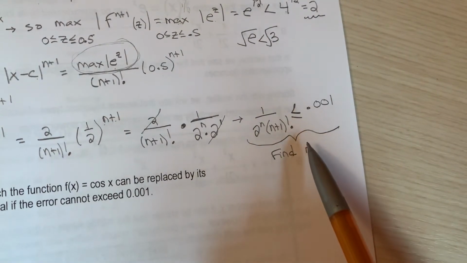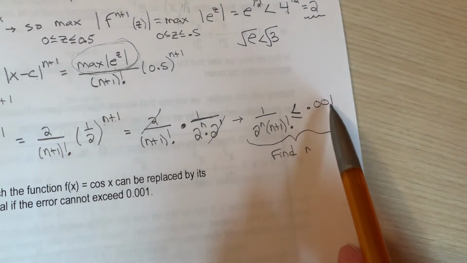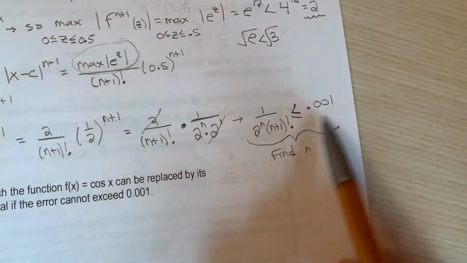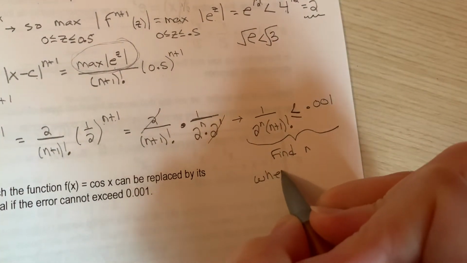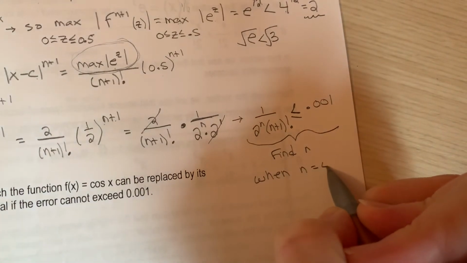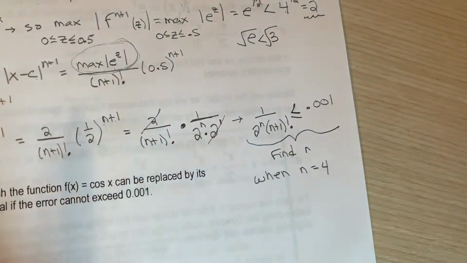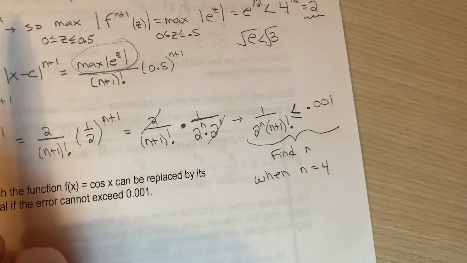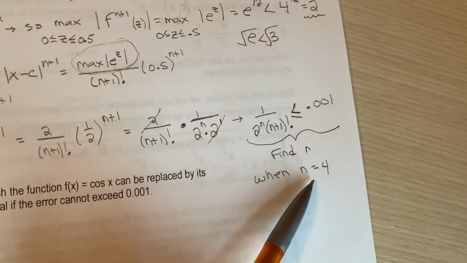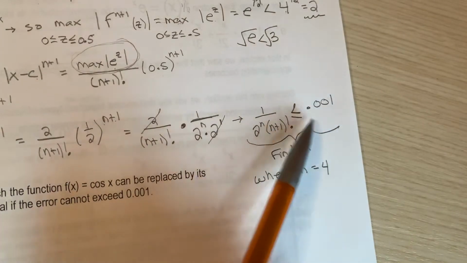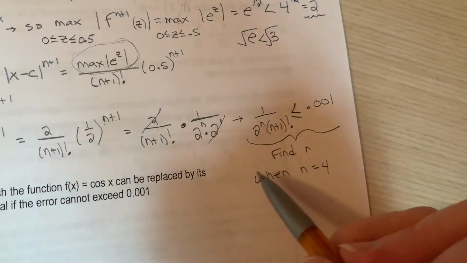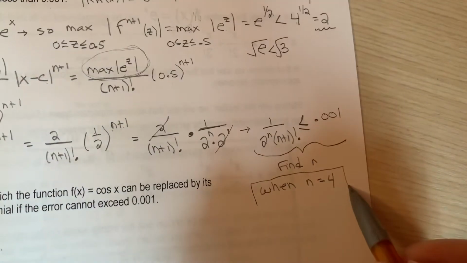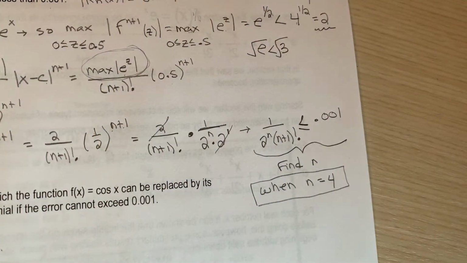You're not that close, but you'll see quickly the values get close, and where this happens is when n equals 4. So the degree of the Maclaurin polynomial would be 4th degree. When you have a 4th degree Maclaurin polynomial, your error bound will be less than 0.001. So I guess technically that is our answer.